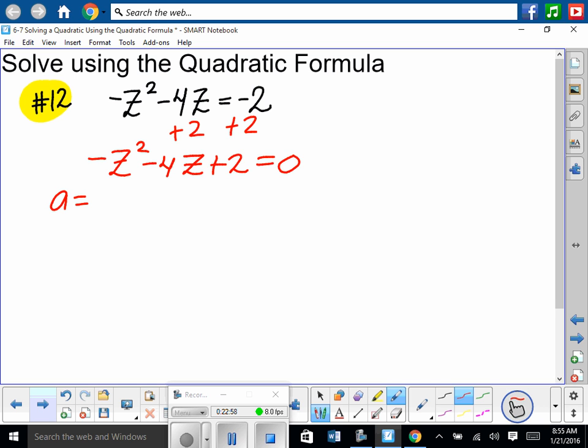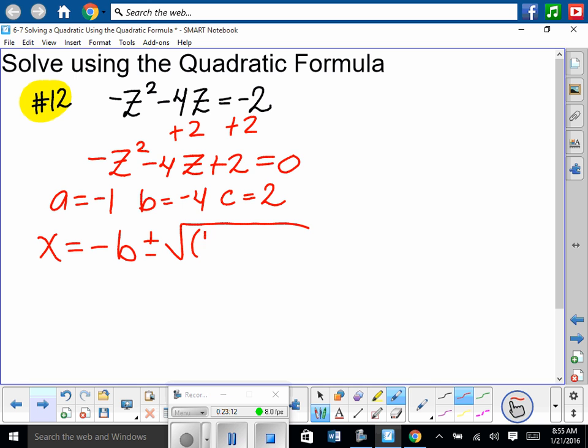So a in this one is negative 1. There's always a 1 there. B is negative 4. And c is positive 2. So x equals negative b plus or minus the square root of b squared minus 4ac all over 2a.